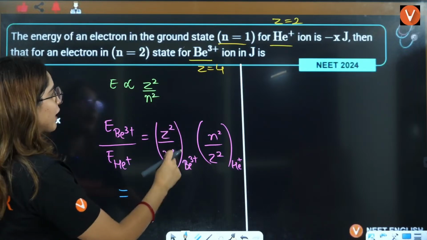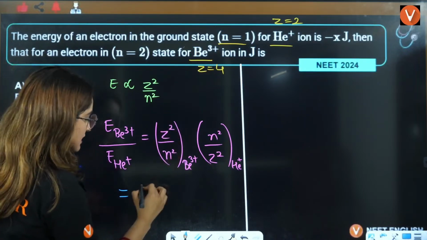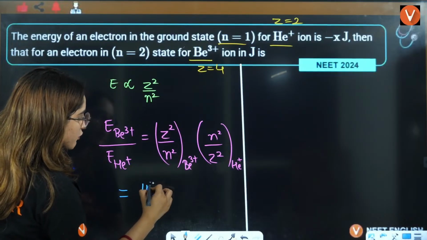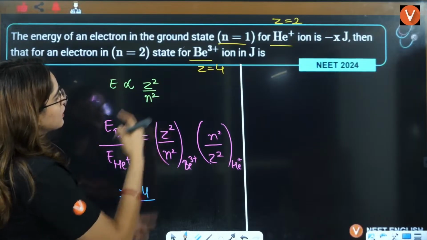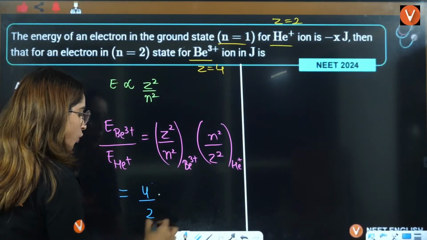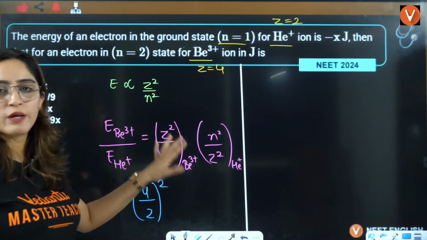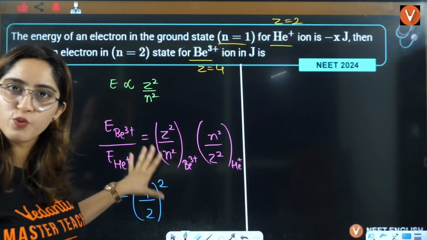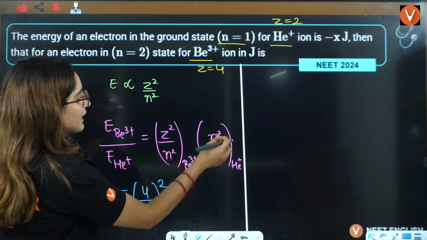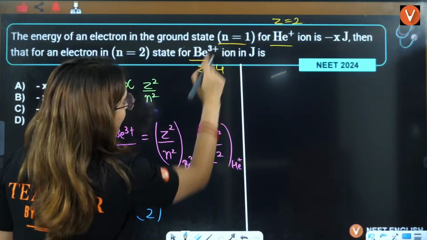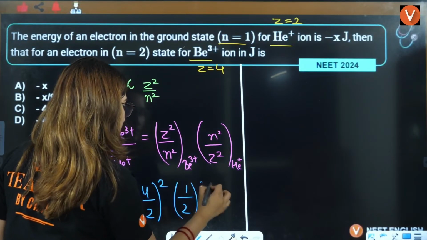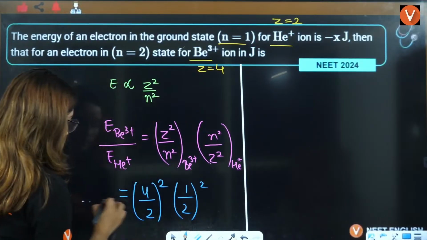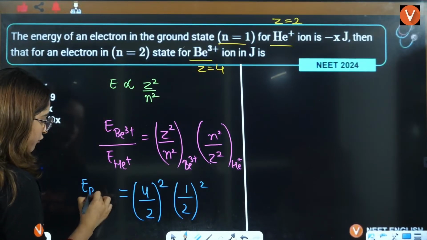For beryllium, Z is equal to 4, so it is going to be 4 square. You can also write Z square by n square as Z by n whole square. So here n is 1 and Z is 2, whole square. For beryllium we don't know the energy yet.